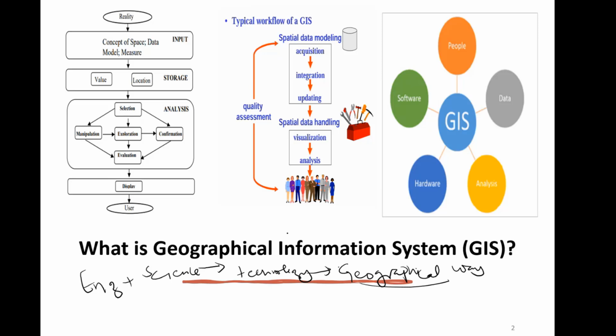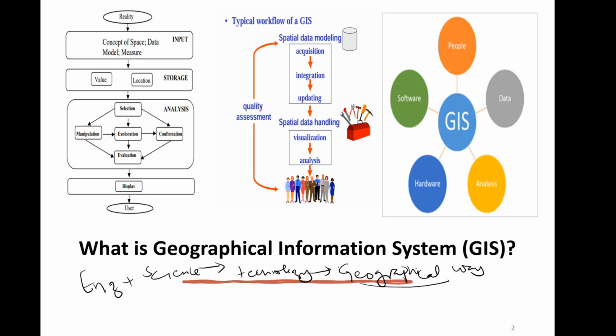In a very short, simple and precise word, when we represent something which has geospatial or geographic data, or geographic locations of features, it is called GIS.